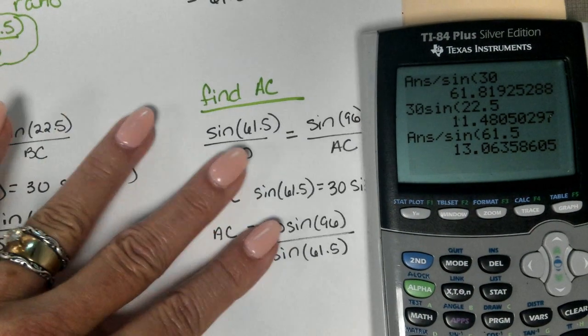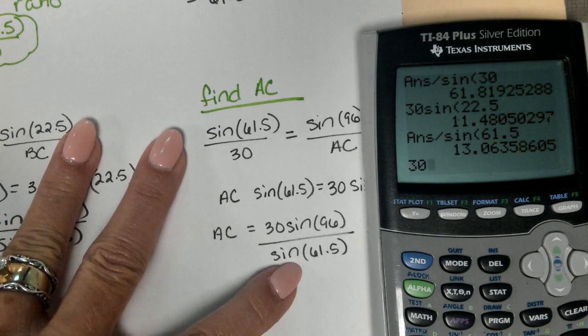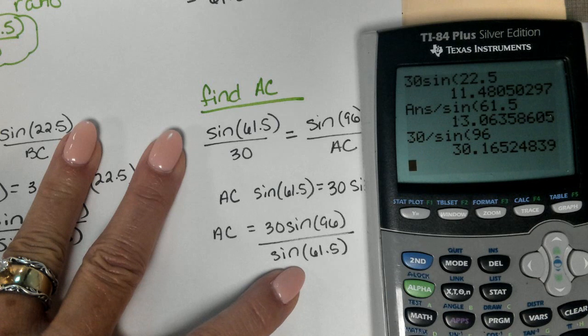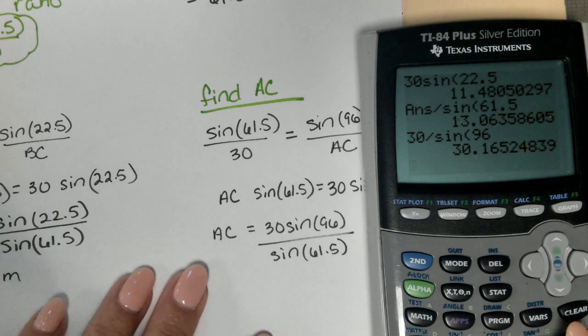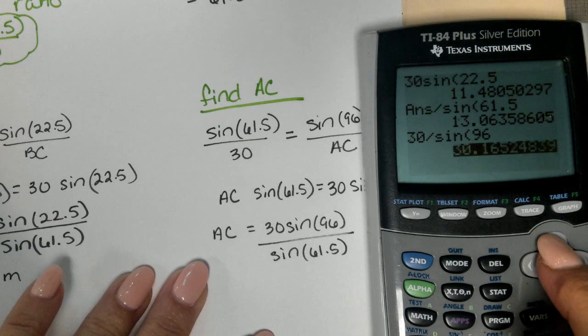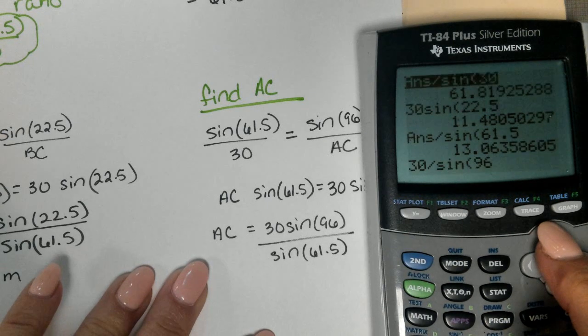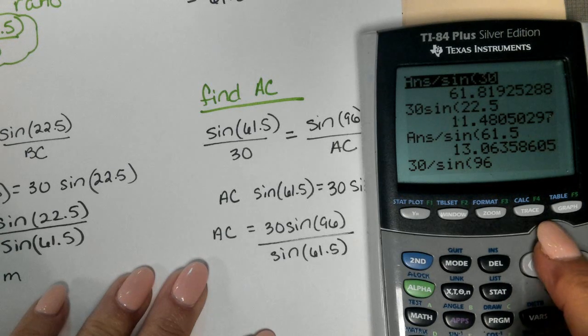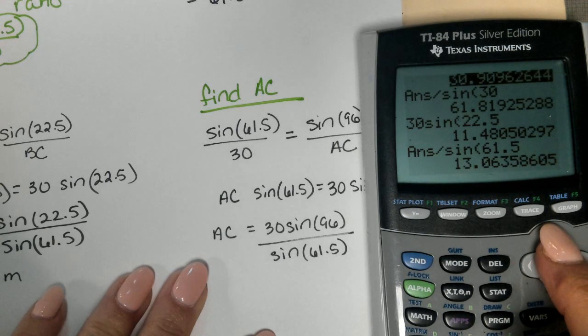And let's see what we get. 30 divided by sine of 96. Why do I keep hitting divided by? I hope I didn't do that earlier. Did I make a mistake earlier? No, it looks like I actually got it.